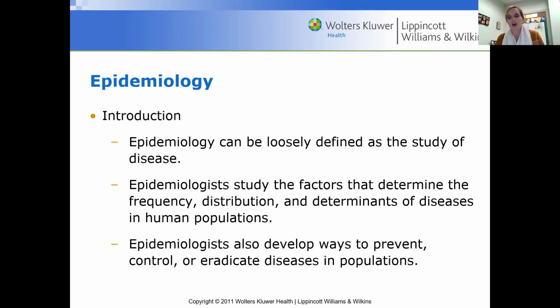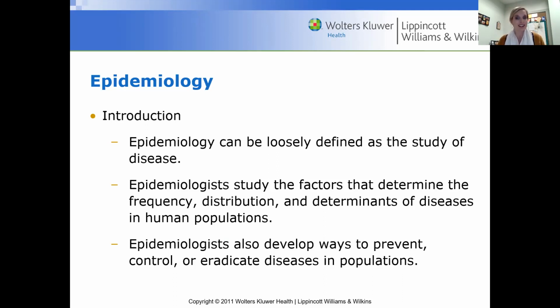Epidemiologists also focus on helping to prevent, control, and eradicate these diseases. So we're trying to get rid of these. If you remember, or you may not remember, way back when we had diseases such as smallpox and polio, and these diseases are no longer part of our population because epidemiologists worked so hard to create vaccines and get them distributed.